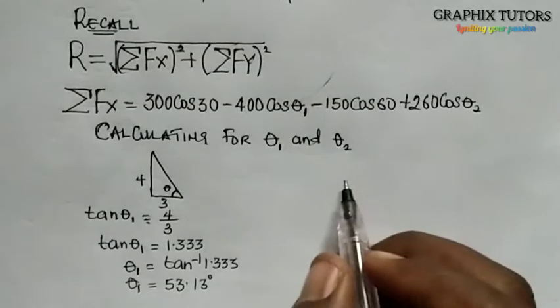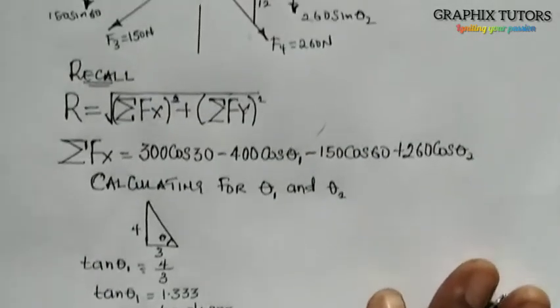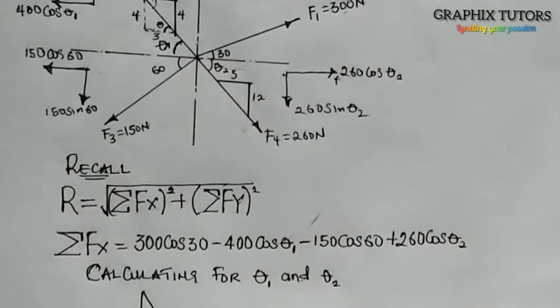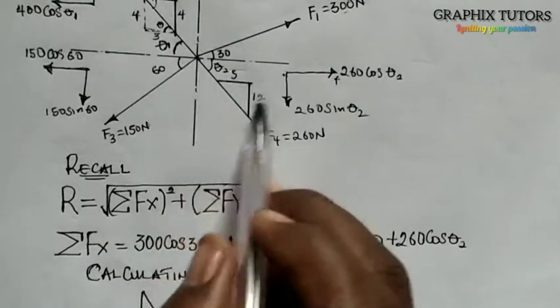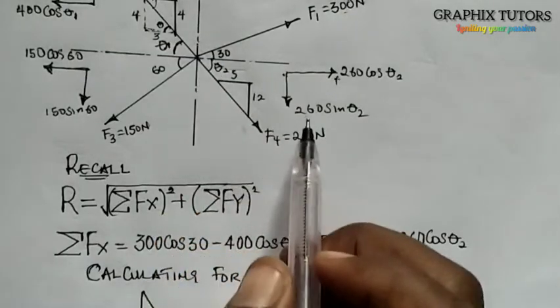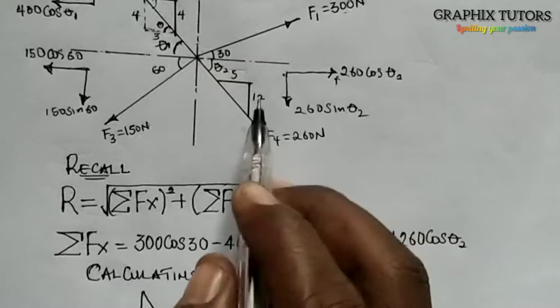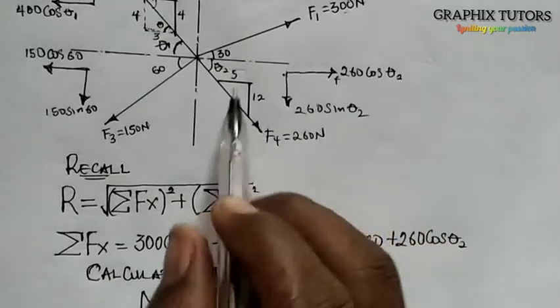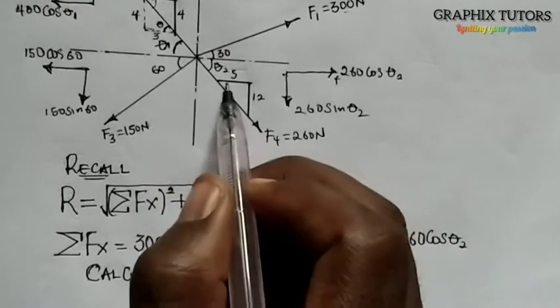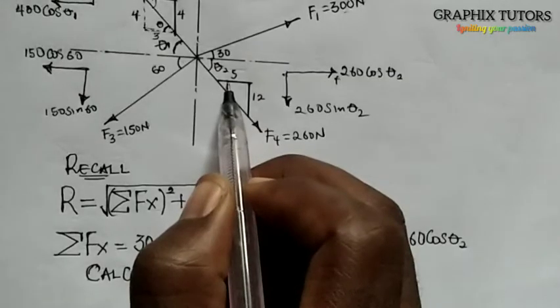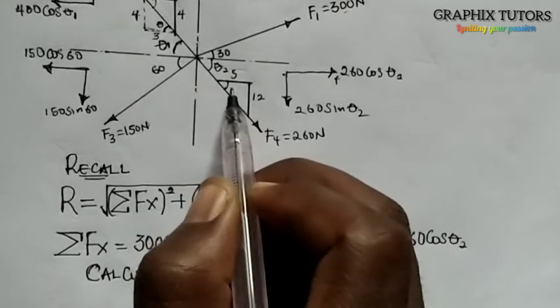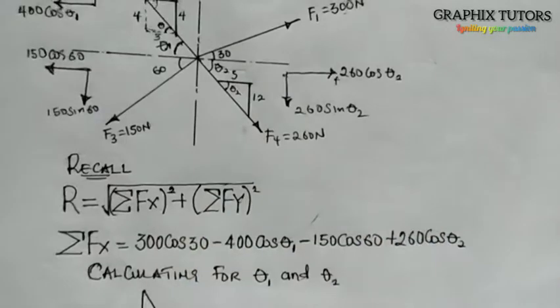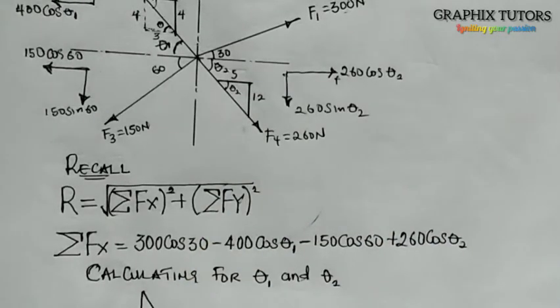Right? Similarly for theta 2, let's go back there. For theta 2, since it's already on my x-axis, right? It's already on my x-axis. I can easily see the angle here is what? Is theta 2. Is that taken? I can easily see it is what? It is theta 2.